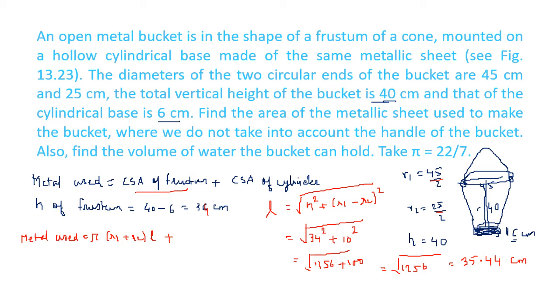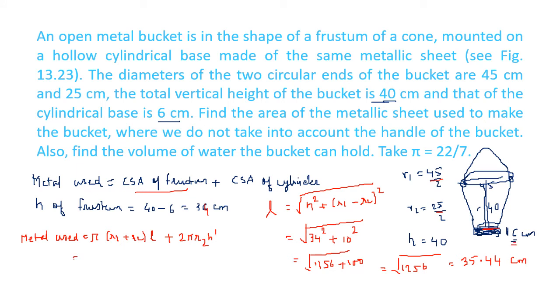I hope you do remember the formula. But we'll write 2 pi r, where r is at the bottom. So bottom is what? R2. So we should write 2 pi r2 h prime, the height of the cylinder.